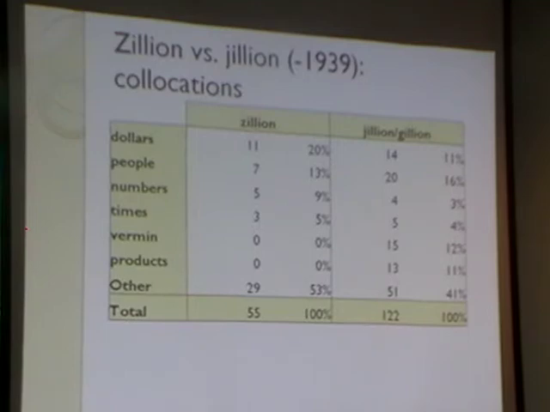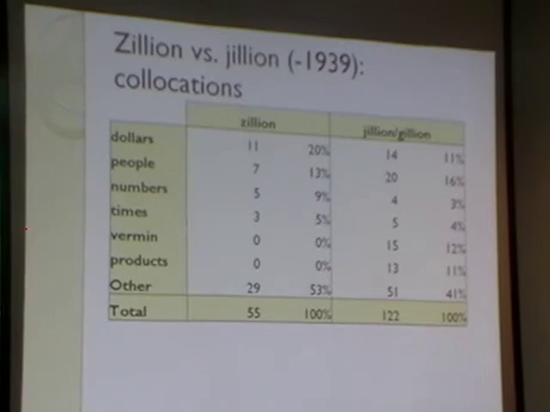Dollars are counted quite frequently by both, and people are counted quite frequently by both. But we see some distinctions. So for instance, vermin and products are only counted using jillion. So for instance, if you want to count mosquitoes or black flies or bats, then jillion was being used.